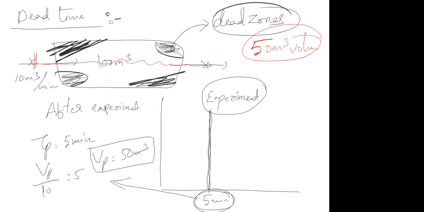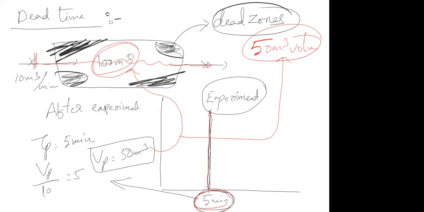In this 100 meter cube reactor, the volumes corresponding to the peaks correspond to actual volumes. That means you say I have 100 meter cube volume, but out of 100 meter cube, only 50 meter cube behaves like a PFR. The rest of the 50 meter cube behaves like a dead volume. Clear?